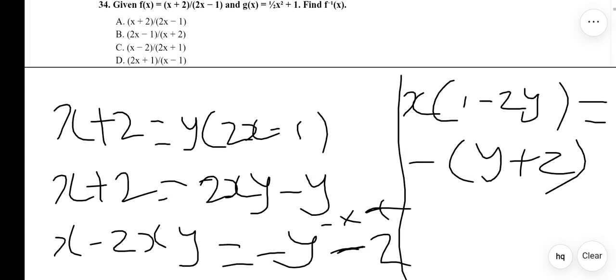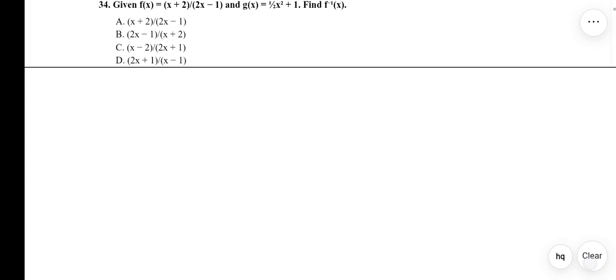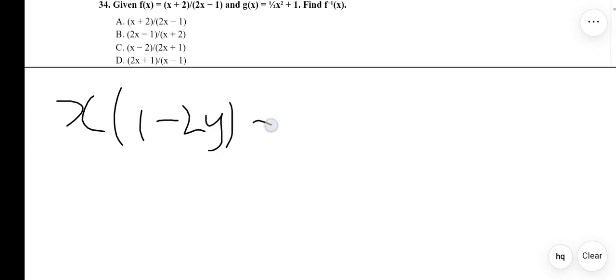Do you get? So if I divide both sides by 1 minus 2y, so my x will give me minus, let me write it in a fresh page. So my x into bracket 1 minus 2y is equal to my minus into bracket y plus 2.